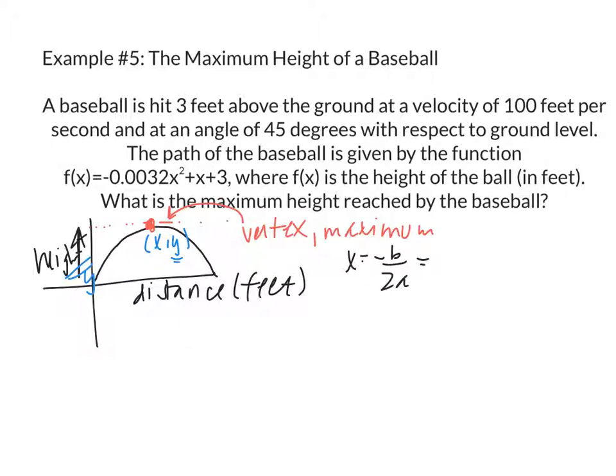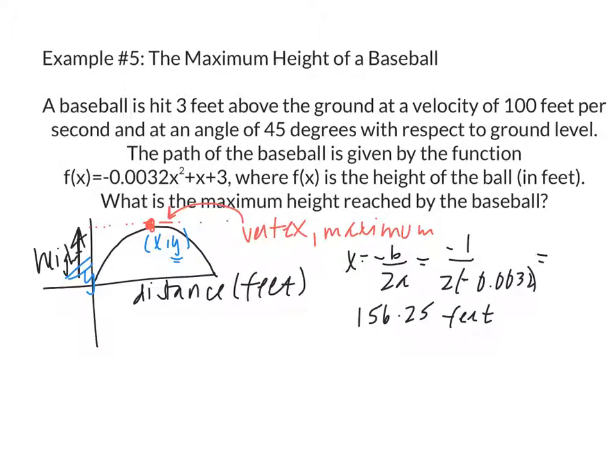So I use the a, b, and c from here. So that's negative 1 over 2 times negative 0.0032. That will give you about 156.25. Remember, that's feet. So at 156.25, that is your max height, but that's not what they're asking for.